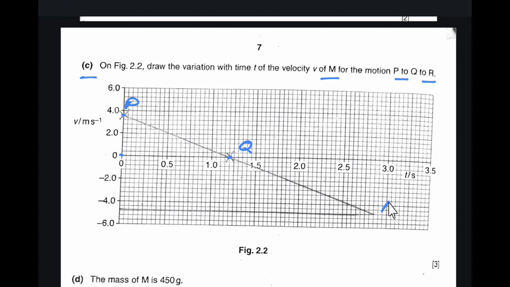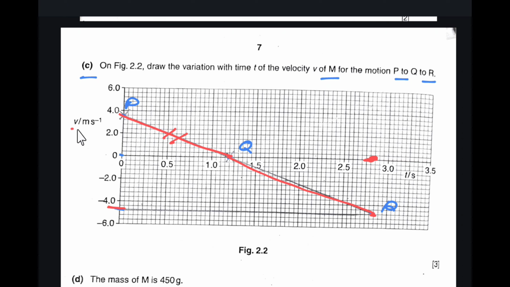Since we don't know the value of time at point R, we just extend this line until it reaches a speed of negative 4.8 meter per second, and this would be the final point, to draw our line.